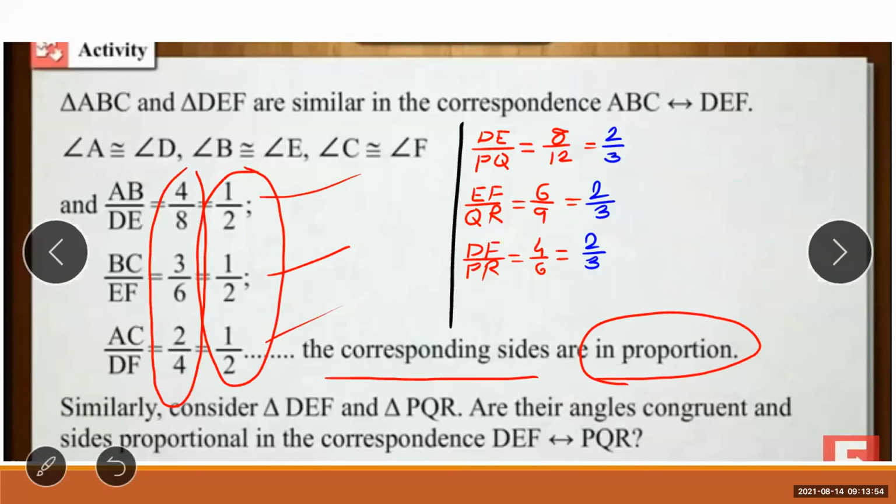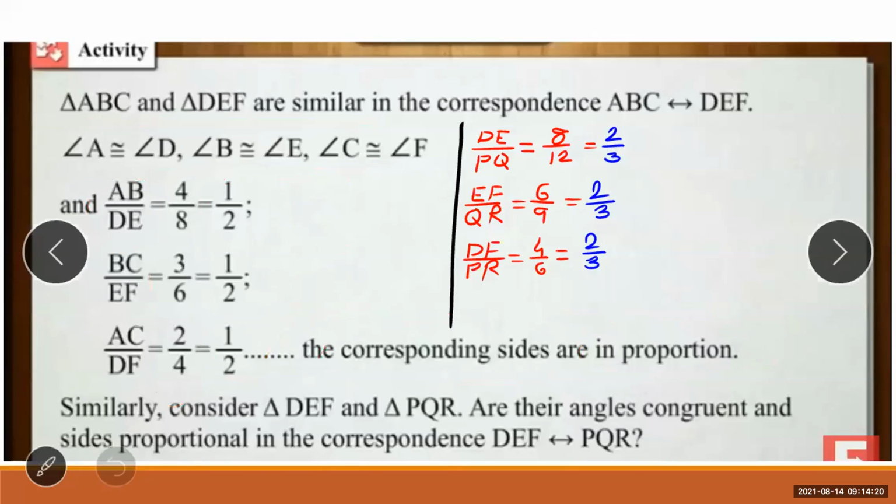Understood? So if the triangles are similar, their corresponding angles are congruent to each other, and the ratio of corresponding sides, the corresponding sides are in proportion.